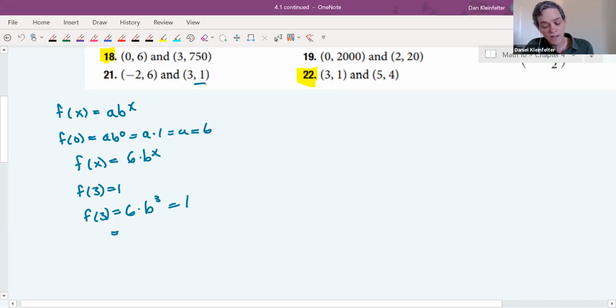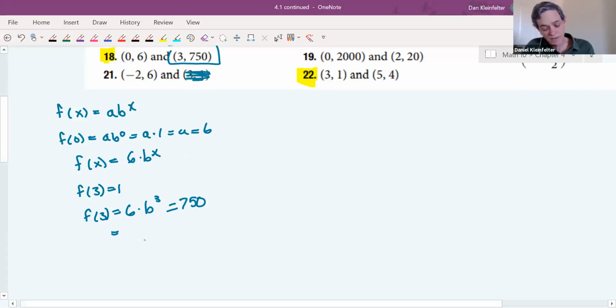I used the (3, 1) here instead of the (3, 750). Sorry, I should have been more careful. So the other point is (3, 750). The output there is 750, not 1. So not (3, 1). We're doing 18. All right, so f of 3 is 750.